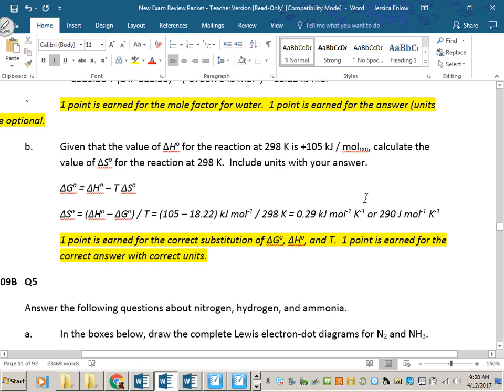As you plug in those values, many times our final delta S value is in joules, because you see that 0.29. They would give that to you as kilojoules per mole Kelvin, because the Kelvin doesn't cancel out. But many times delta S is just naturally expressed in joules per mole K because it's a smaller value. So 1 point for substitution with units, and then correct answer with units.